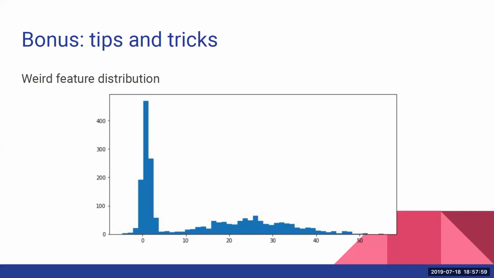So you take all the feature values less than, I don't know, 5, and you train a different model on it, and take another model with the feature more than 5. Who knows, maybe it works. It happened one time. I don't remember if it worked exactly, but it was a different approach.